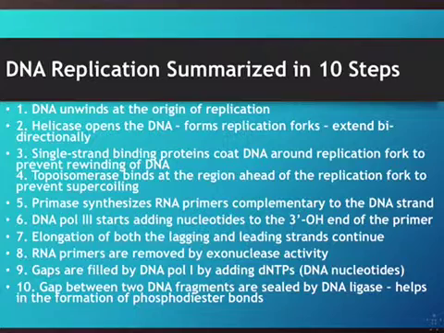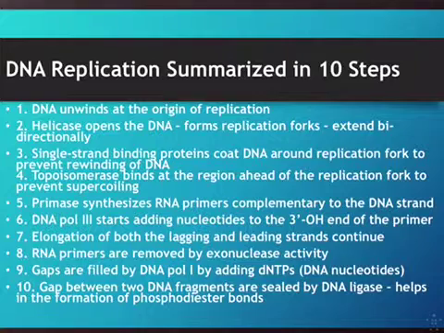Then we have primase that will synthesize RNA primers complementary to the DNA strand. Again, is that on the lagging strand or the leading strand? Wait. Step 5. Lagging. The lagging, very good. Then DNA polymerase 3 starts adding nucleotides to the 3' hydroxyl end of the primer.